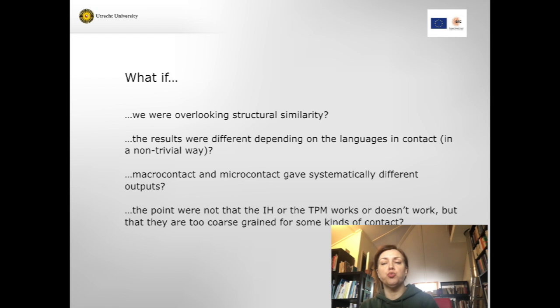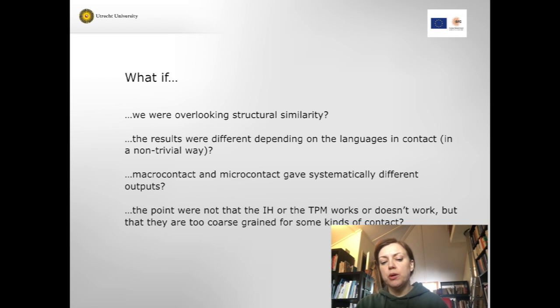And the point were not whether the interface hypothesis or the typological primacy model are right or wrong, but that at some point they are coarse-grained. At some point they do not apply anymore, because you are looking at differences that are so microscopic that macrotypology and interfaces no longer apply.